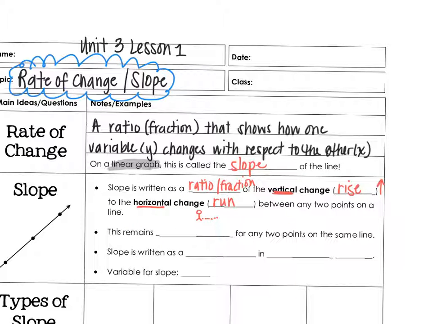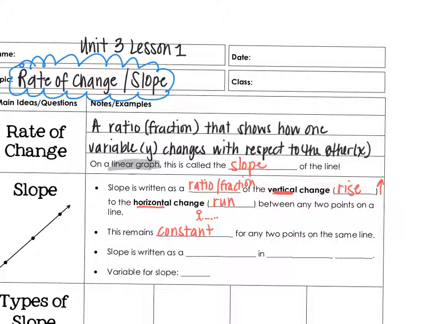And that slope remains consistent or constant for any 2 points on the same line. So if you're looking at a line like this one right here, the slope is the same between any 2 points. That's what makes it a nice straight line, as opposed to a line that looks jagged, because the slope keeps changing between the different points.